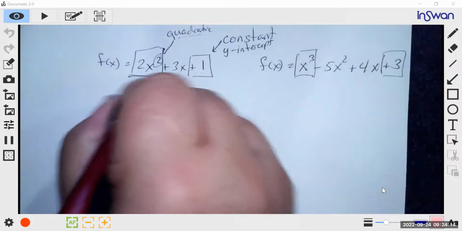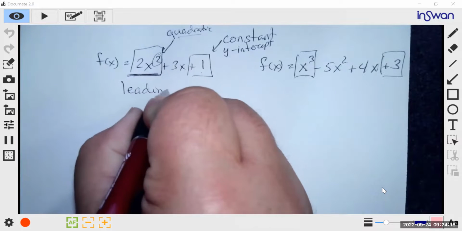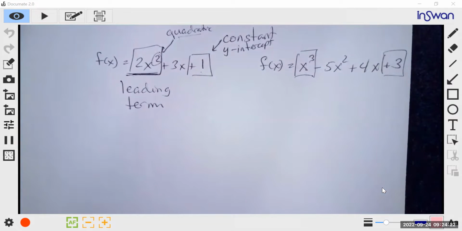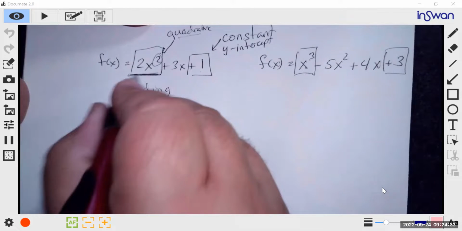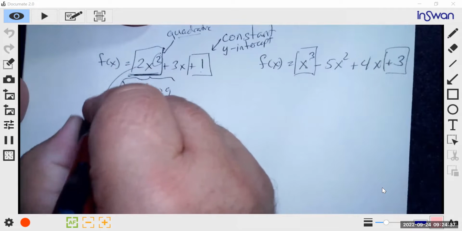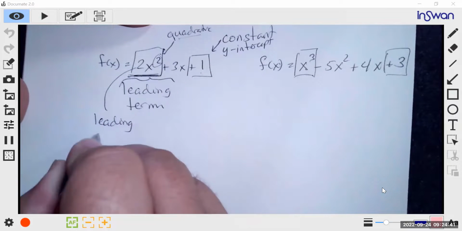But this first term, we call the leading term. The leading term gives us a lot of information about the graph. So this whole thing is called the leading term. The 2 is called the leading coefficient.